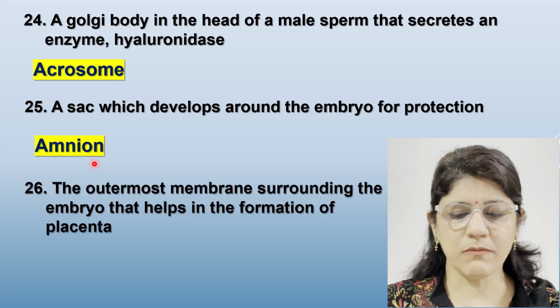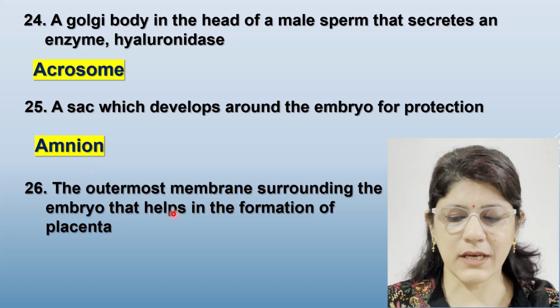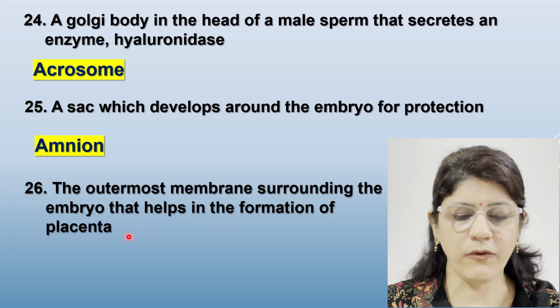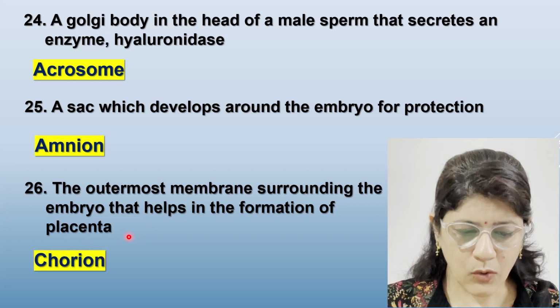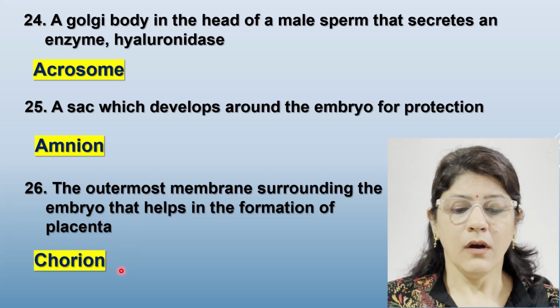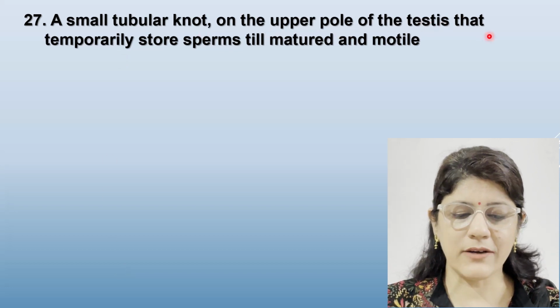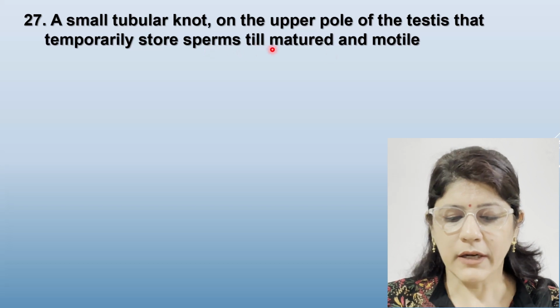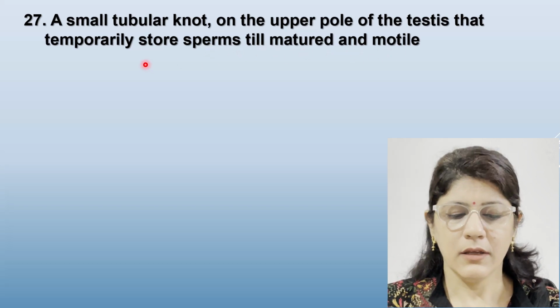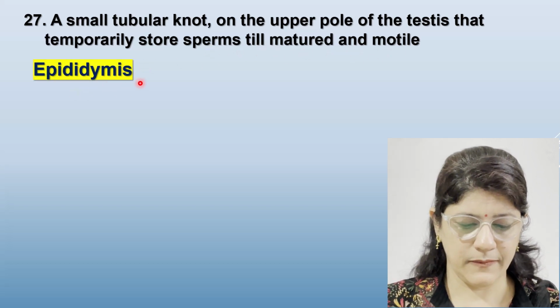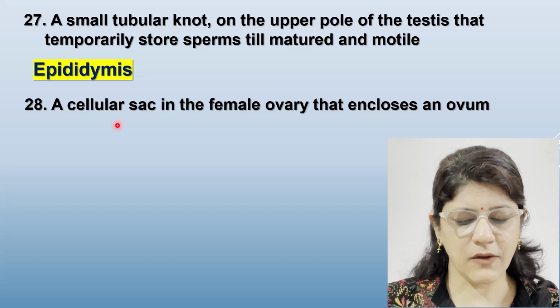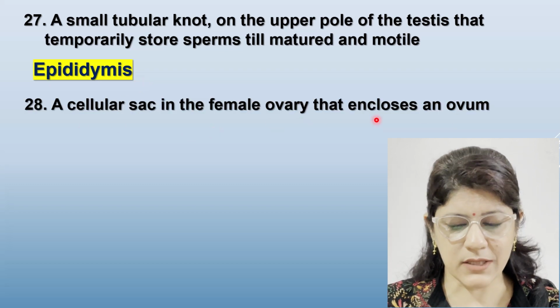The outermost membrane covering the embryo that helps in the formation of the placenta. This is chorion. A small tubular node on the upper pole of the testis that temporarily stores sperms till matured and motile. This is epididymis. A cellular sac in the female ovary that encloses an ovum.